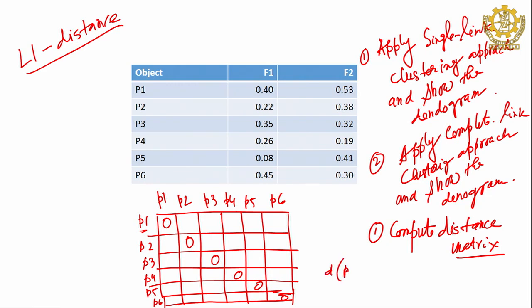P1 P2 distance here is 0.18 plus 0.15. Okay, so you add it. So, 0.33. So, this will be 0.33.